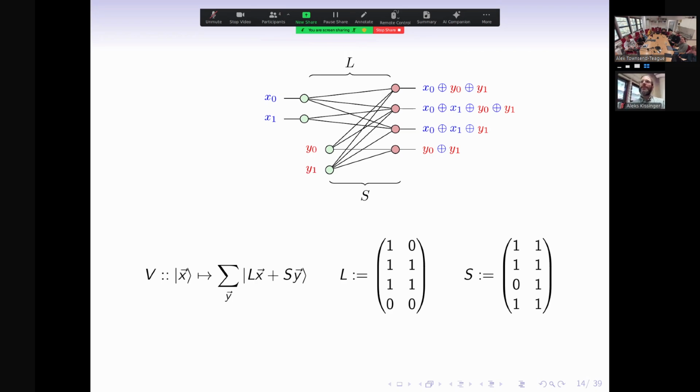If I give you just the X logicals and the X stabilizers, that's enough to compute the Z logicals and the Z stabilizers. Normally you might want all of this data. Or you could just give me the X stabilizers and the Z stabilizers, and then from that compute the logicals. But it's redundant data. There's kind of more than you need.